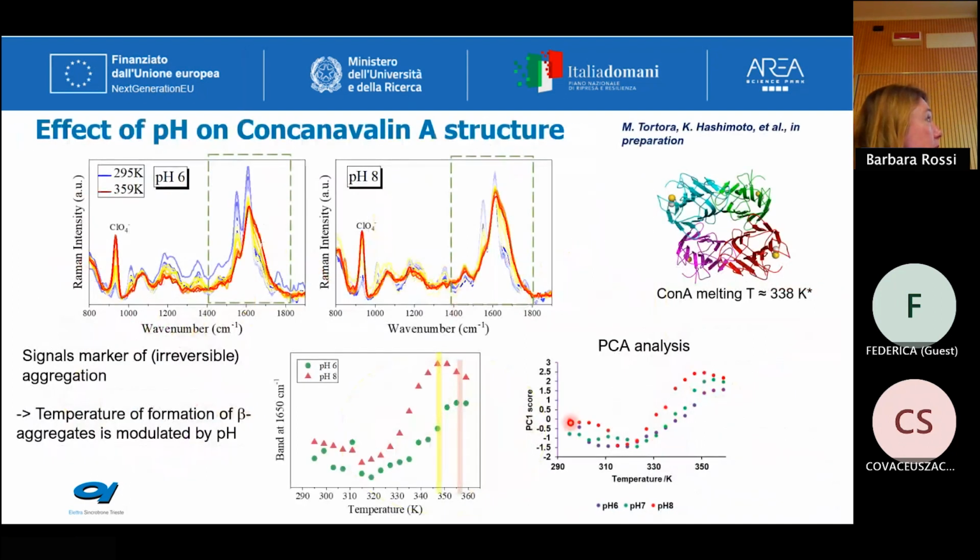Here there is another example of the effect of pH on the structure of this protein, concanavalin A structure. Also in this case, we follow the evolution of the spectra as a function of temperature, and we can identify in the spectra specific spectral markers that are sensitive, for example, to the irreversible aggregation of the protein, and in particular to the formation of this beta aggregate that is modulated by different pH.